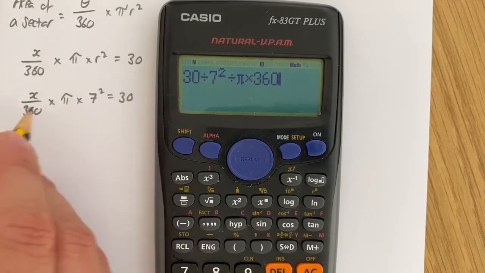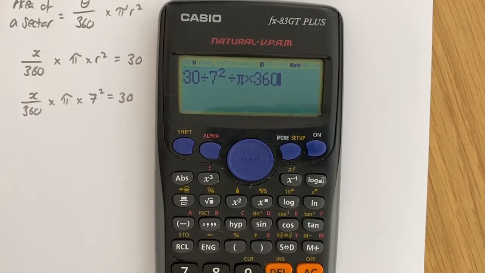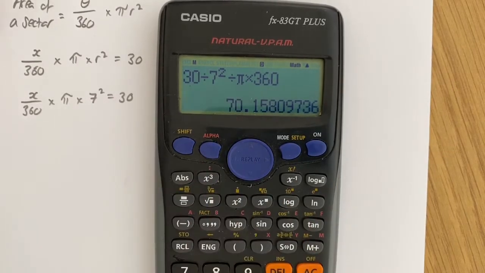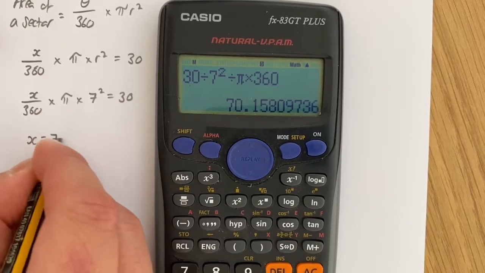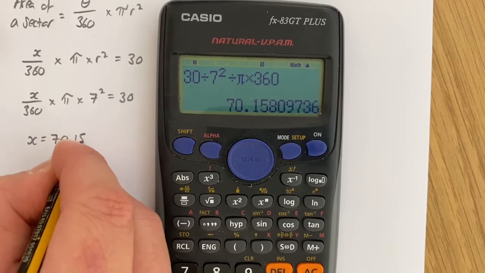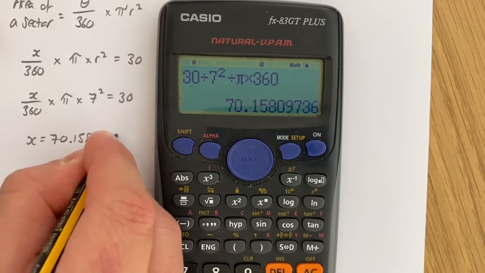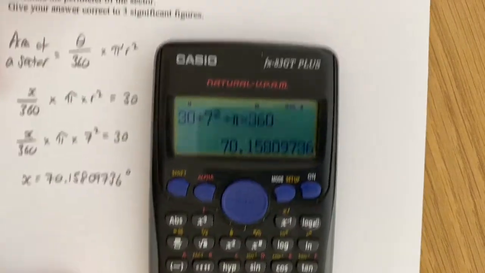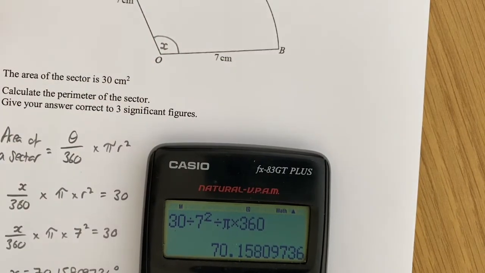That will tell me what x is. So x is 70.158097336, and that would be degrees because we're talking about that angle there. That is what that angle is.